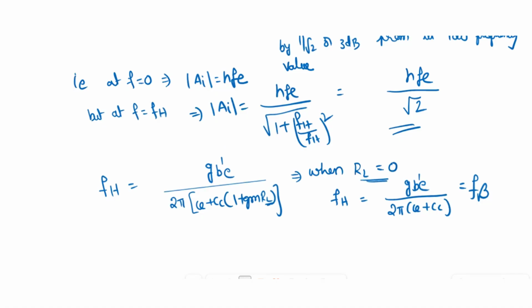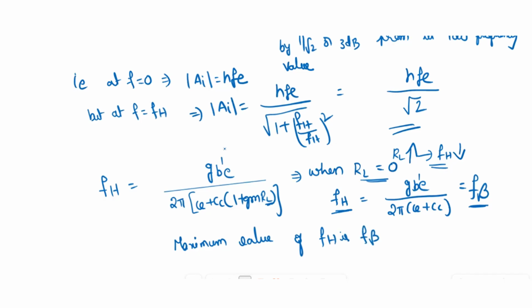So when RL is equal to 0, FH and F beta both are same. As RL increases, FH decreases. These are the observations. So the maximum value of FH is F beta, because you'll get maximum value when RL is equal to 0. For all other RL values, FH is less compared to F beta. So these are the observations.